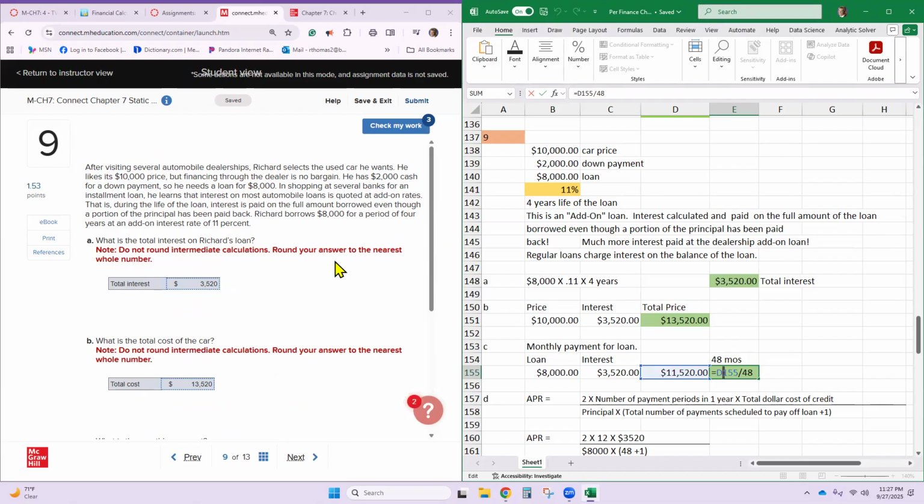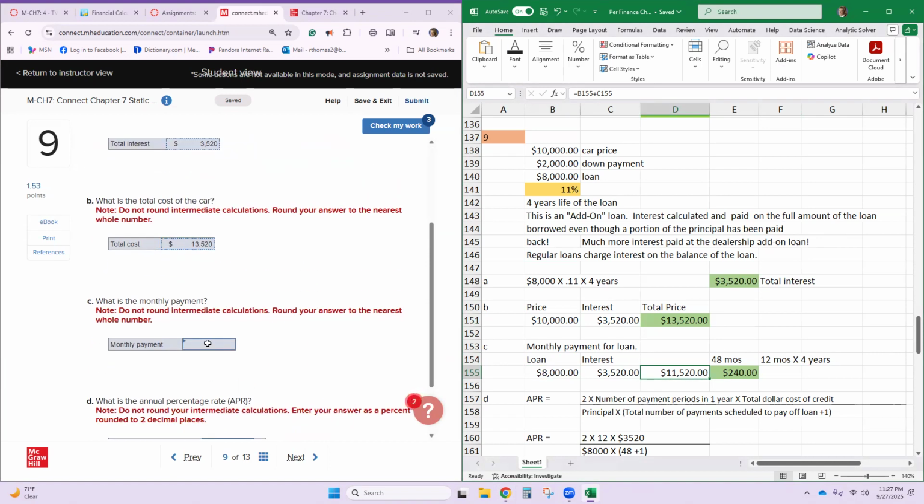Yes, for a period of 4 years. So we need to know it by the month. Month is 12 months times 4 years. So once again, we take the loan plus the interest, divide by 48, and we get a payment of $240 a month.